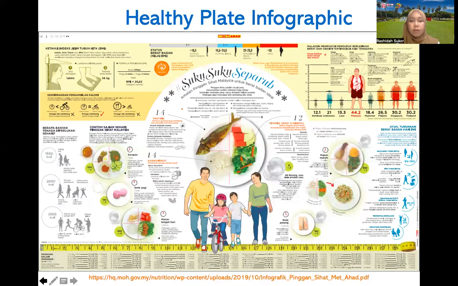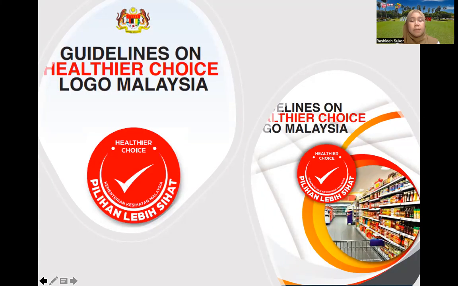Okay, healthy plate infographics. In Malaysia now, under the Ministry of Health, the government is doing a lot of things actually, interventions, so that food manufacturers can opt for a healthier choice logo.